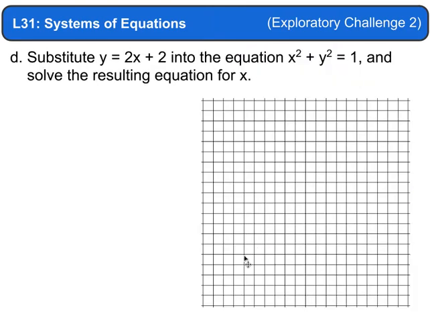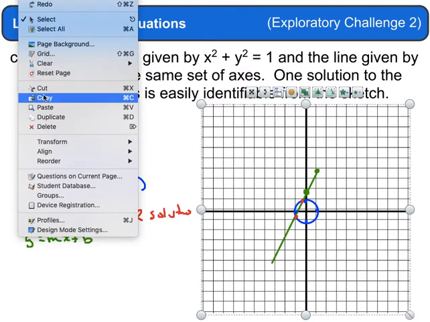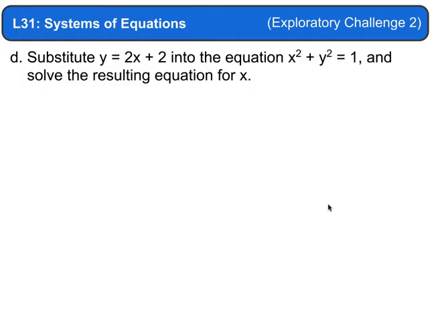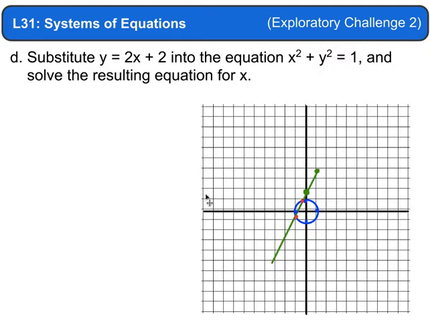So we don't actually need this grid, but just for visuals, I will copy this grid here so we can continue to see it. And what they want us to do is substitute y equals 2x plus 2 into this equation and solve for x.